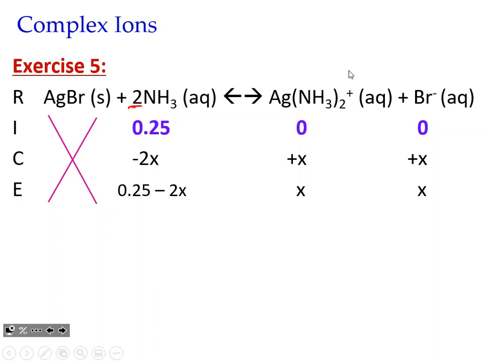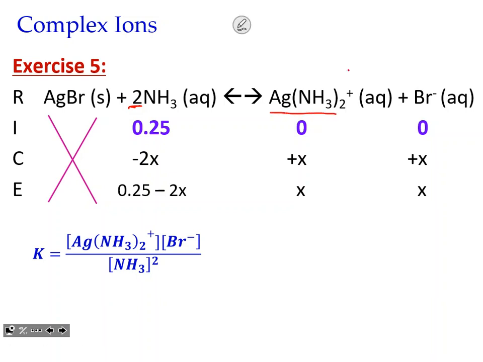So we get our equilibrium concentrations, and they have a bunch of x's in there. Looking at this, you could graph it, but you want to write out your expression first. Now remember, the expression is still the same regular equilibrium stuff: products over reactants raised to the power of the coefficients.